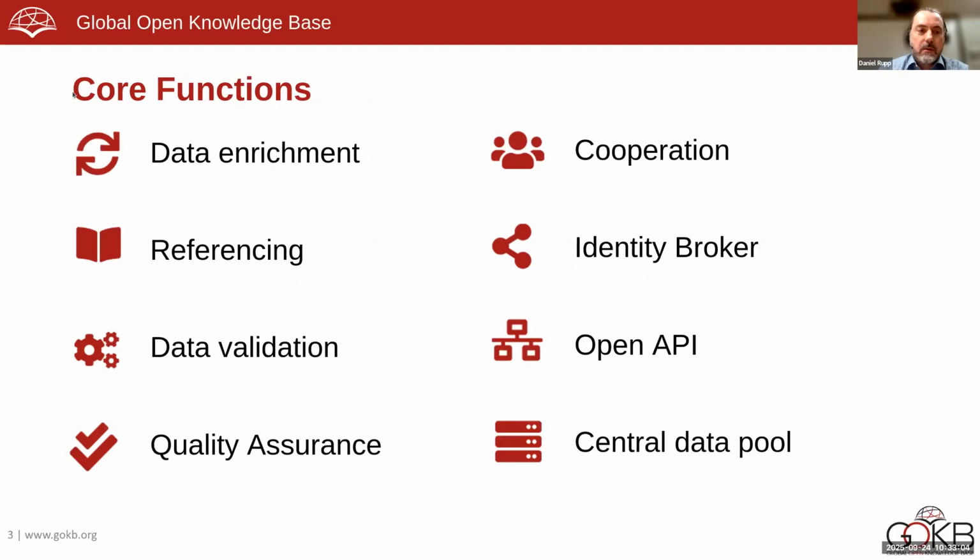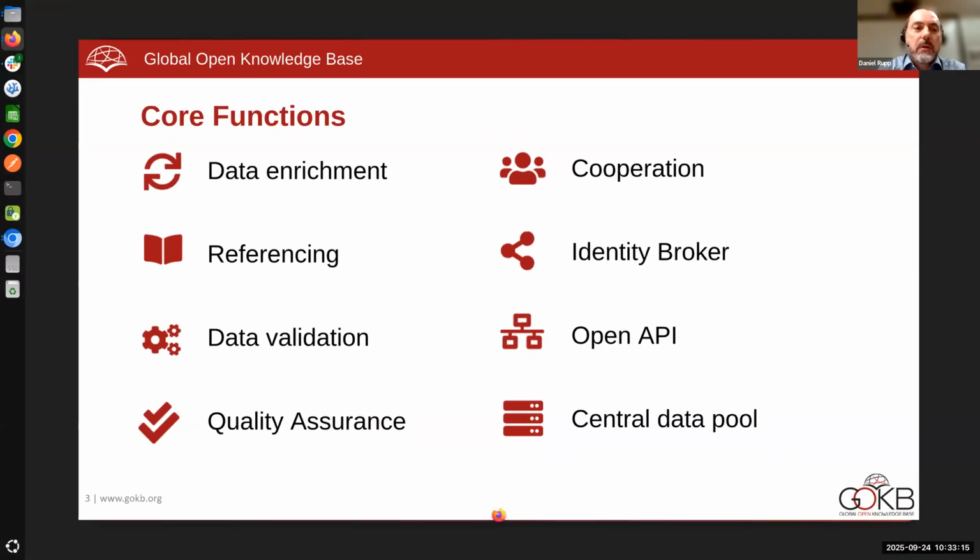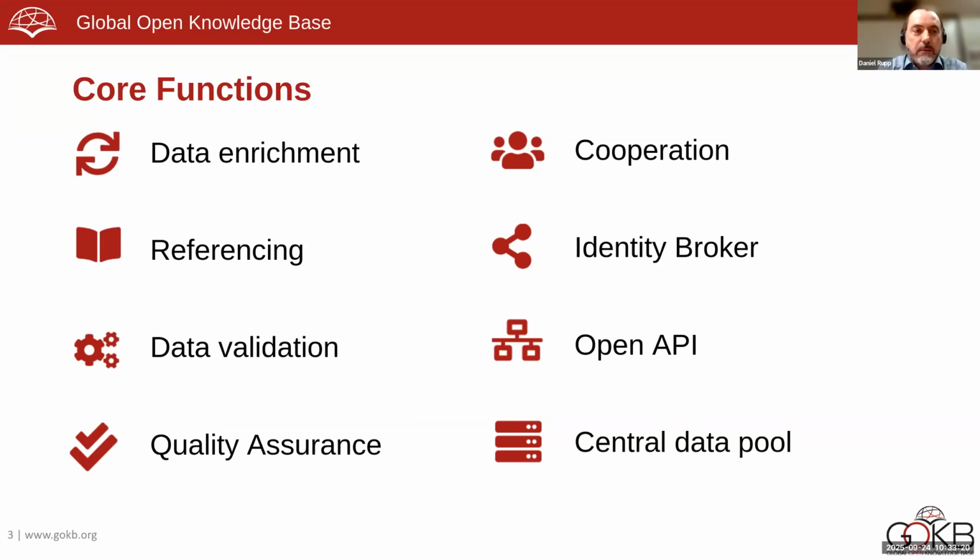Regarding the core features of the GOKB, we don't just aggregate the data, we also enrich the data. There is some additional data like DDC classification that we can add, but also some identifiers we have, such as the ZBID, that is a central serial database identifier, and other data as well, such as the title history.